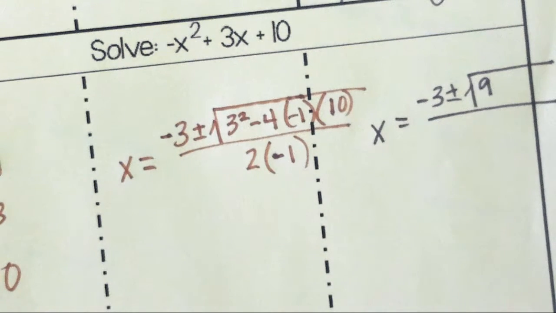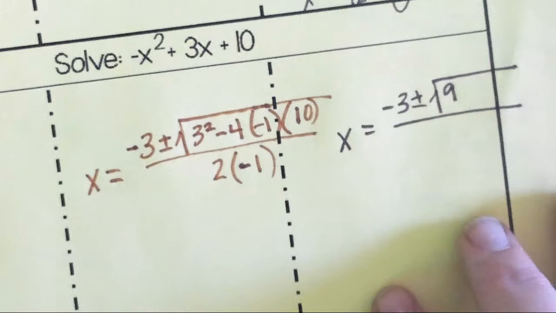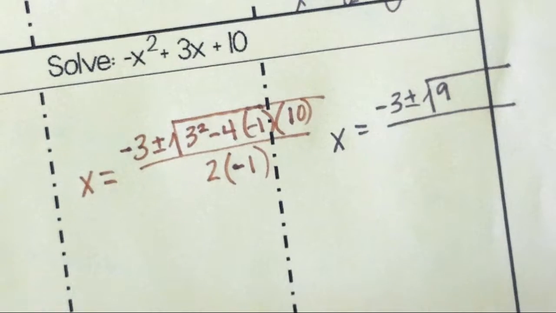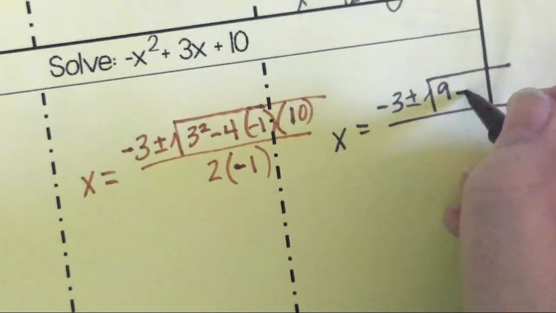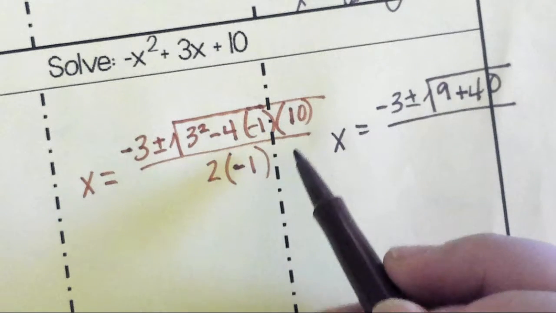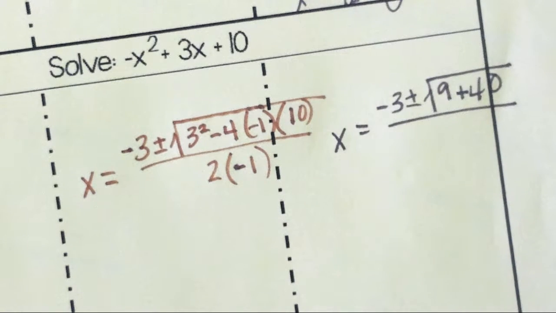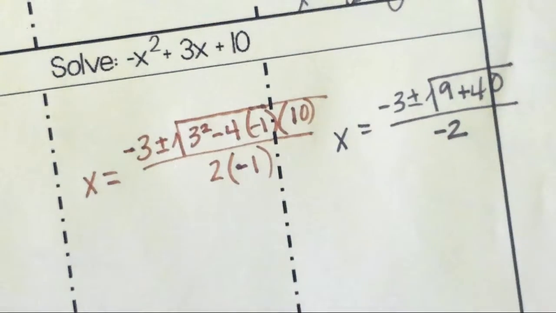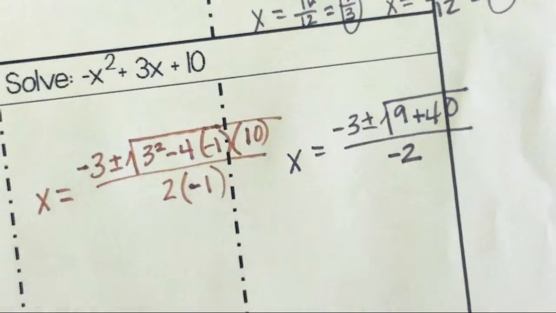What should I get for the next thing? Is it positive or negative? Positive. I have positive 40 because negative 4 times negative 1 times 10 ends up being positive 40. And what goes in my denominator? Negative 2.